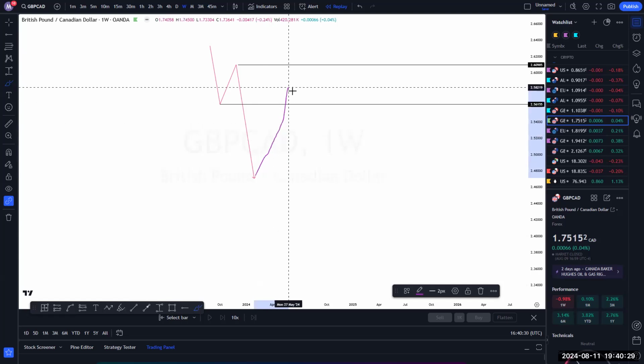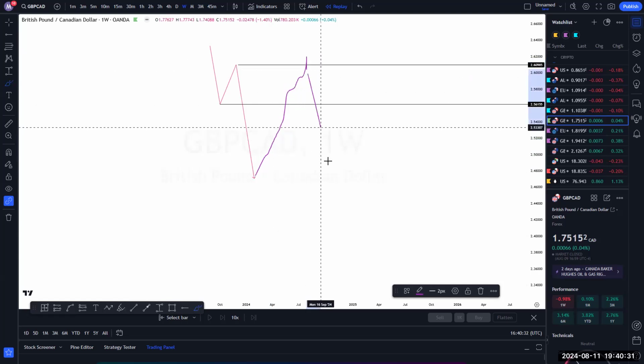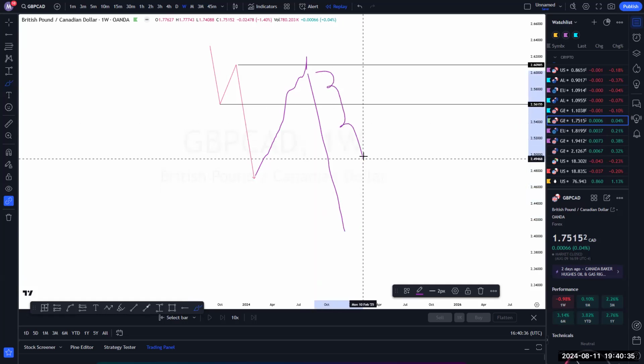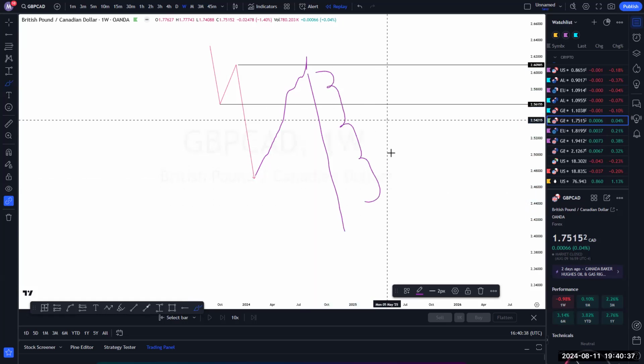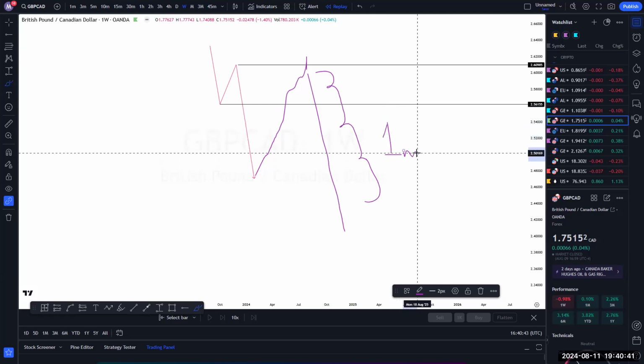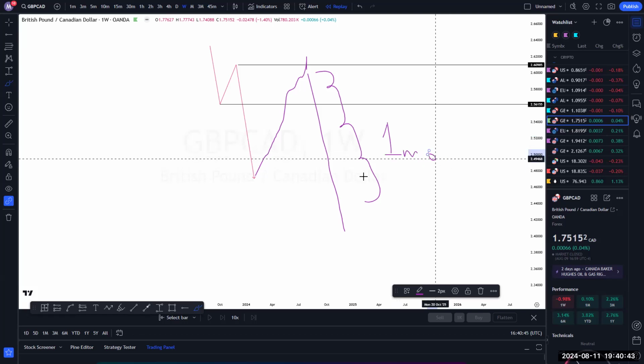But whenever price comes back to this area, you're going to hold the trade for so long, for months, because whatever candle is going to form here is going to take a full month to close. So you just need to be patient.